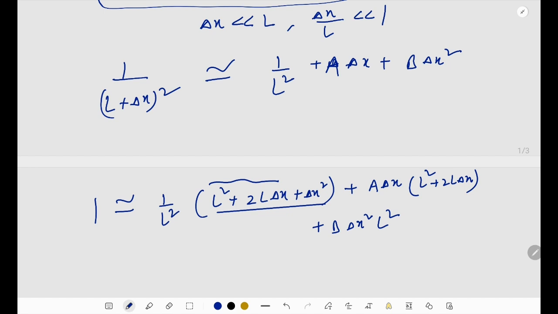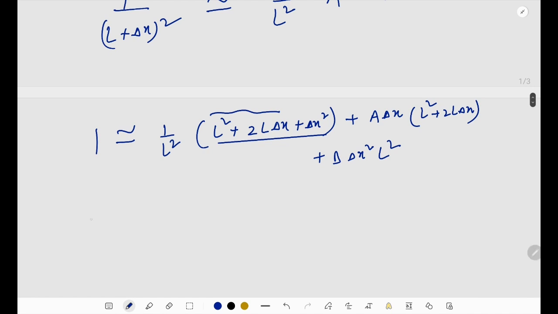And I can simplify these things. 1 upon L square is approximately equal to 1 by L square. So now I would like to write it at delta x square. I am going to take the coefficient of delta x square, and I can write here the coefficient of delta x square is 1 by L square in this term.